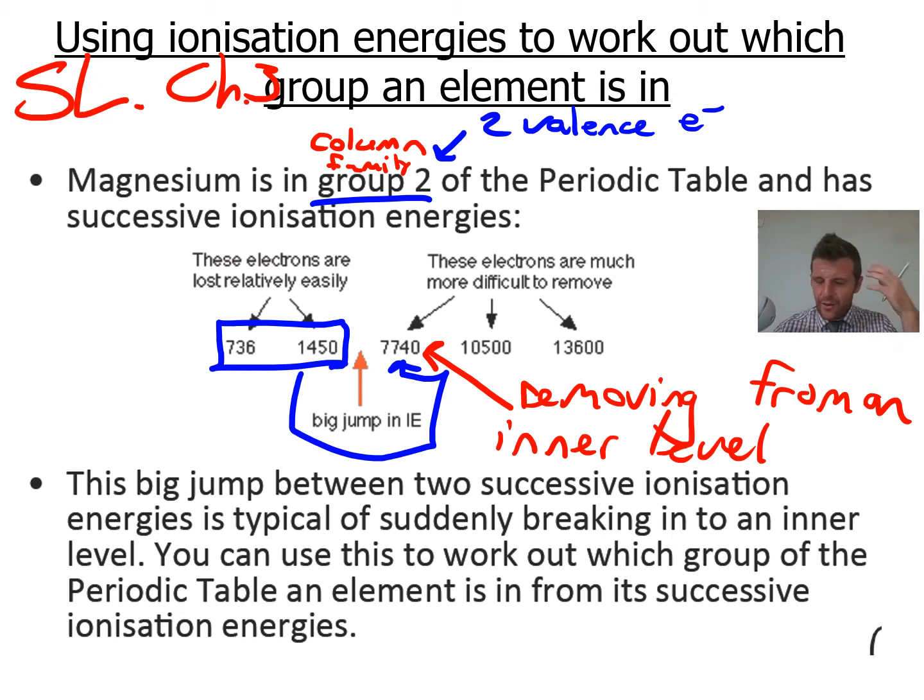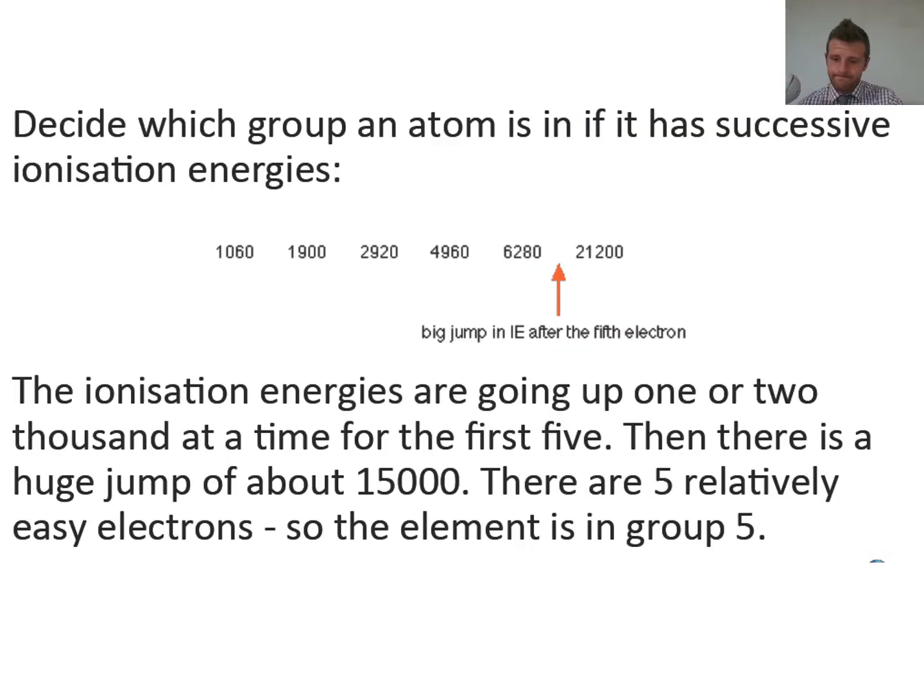Using this pattern, you can deduce what group an element is in. So for example, if we had to figure out what atom this set of data belonged to, we're seeing this big jump between the 5th and the 6th.